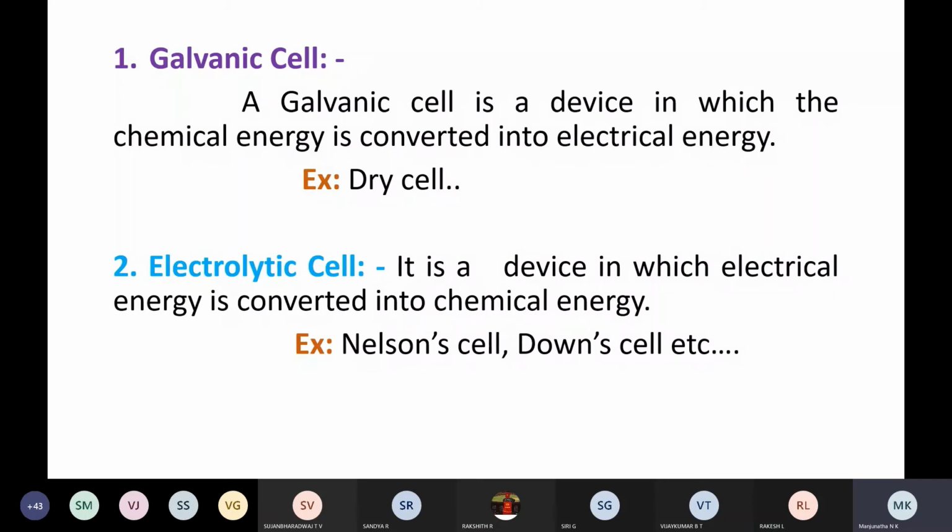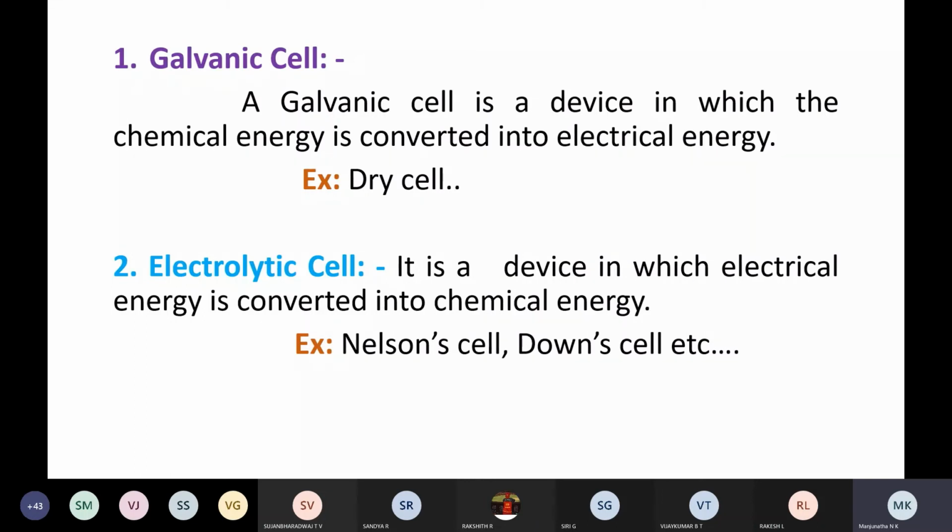Coming to the next type of electrochemical cell, that is the electrolytic cell. The electrolytic cell is defined as an electrochemical cell in which electrical energy is converted into chemical energy.